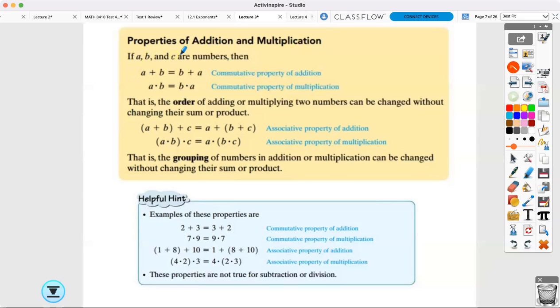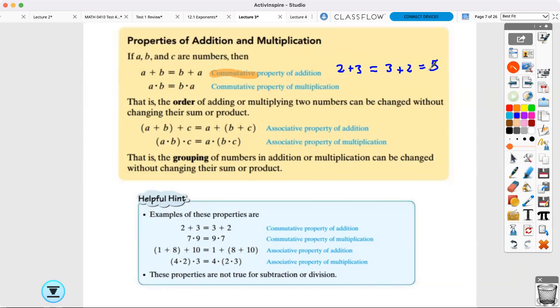If A, B, and C are numbers, then A plus B equals B plus A, which is called the commutative property. So what does that mean, right? The commutative property tells us that 2 plus 3 is going to be the same thing as 3 plus 2, which just gives us 5 at the end of the day.